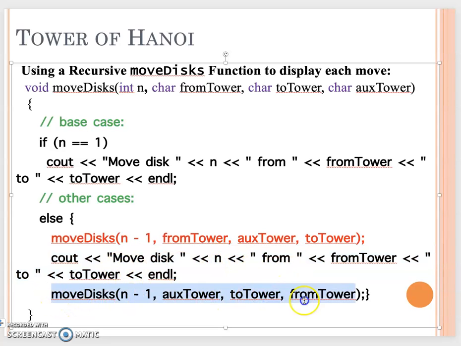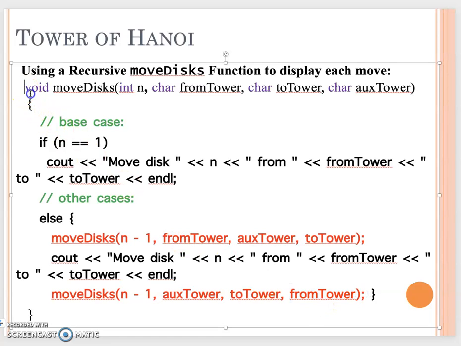Then we just need to call this function again. We call the recursive function again. We still move n-1, but this time the n-1 is starting from your earlier destination, the assistant tower. This time I need to go to the real location, the 2 tower, and I'm using the front tower as my assistant tower.